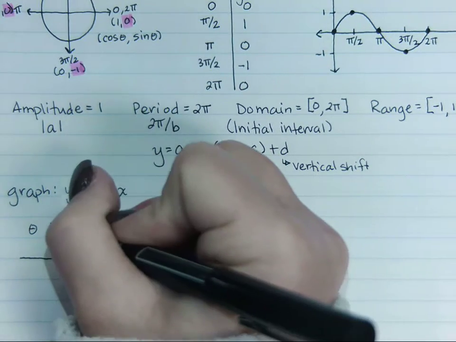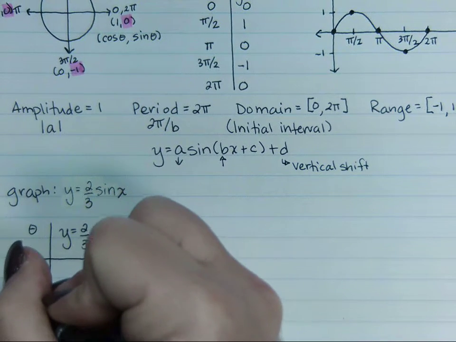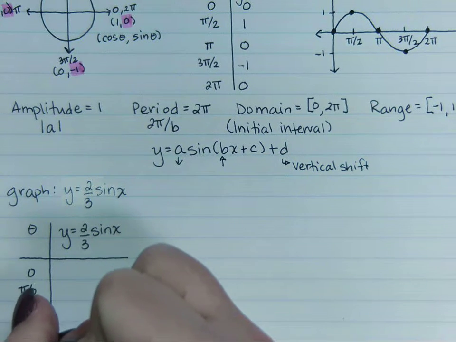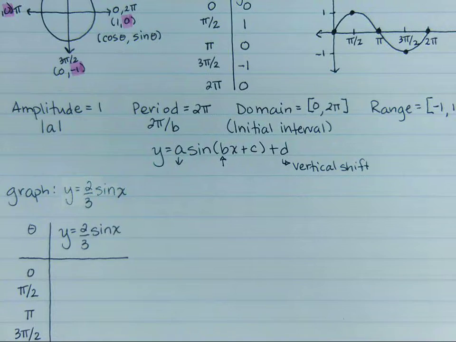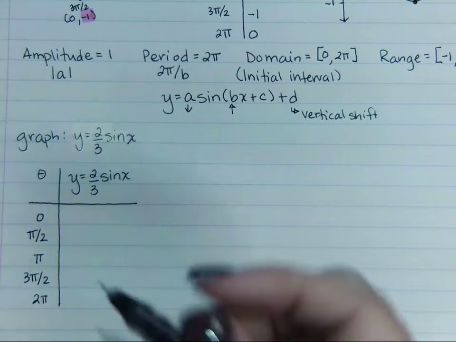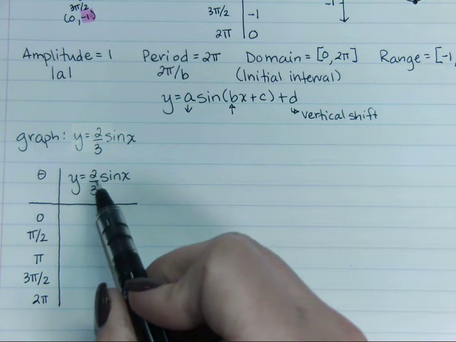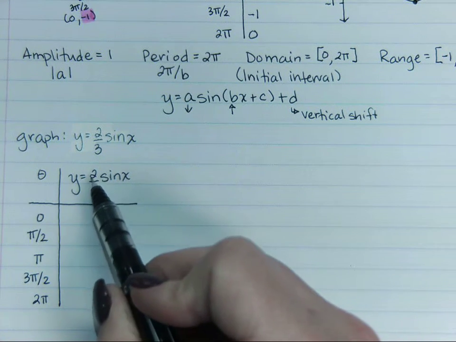All right. So again, we're going to use those same 5 input values: 0, pi over 2, pi, 3 pi over 2, and 2 pi. And so what we're going to do is take the normal output values. So what this is saying is whatever the sine of x value is, I need to take 2/3 of that.